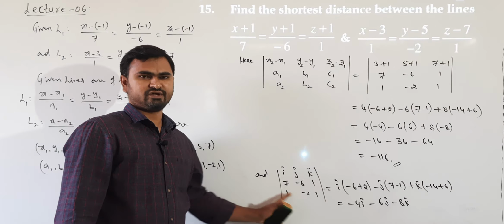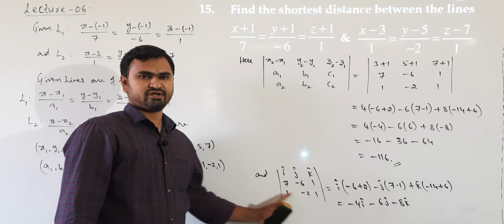So now by using distance formula, distance between skew lines formula, d is equal to, what is the formula?